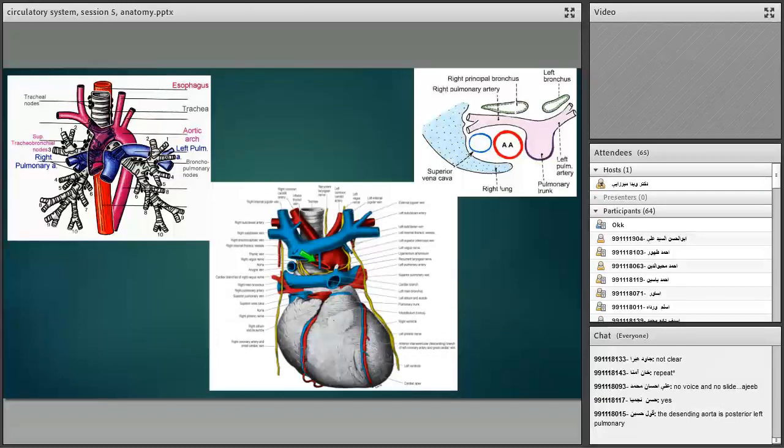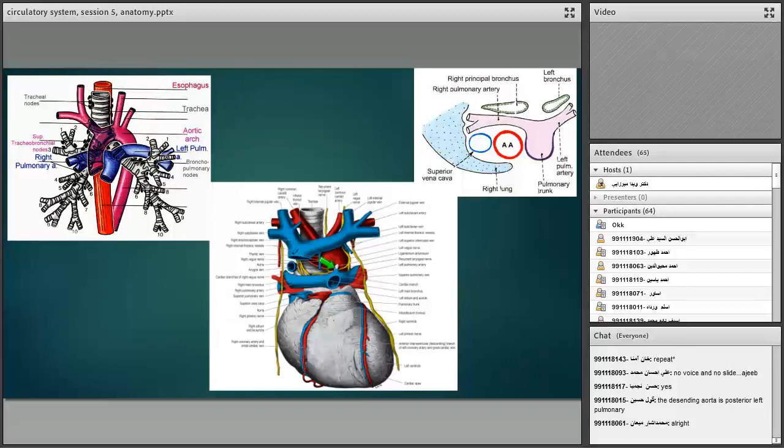In the embryonic period, or the embryonic or fetal circulation, there is a link between the aortic arch and the pulmonary trunk.